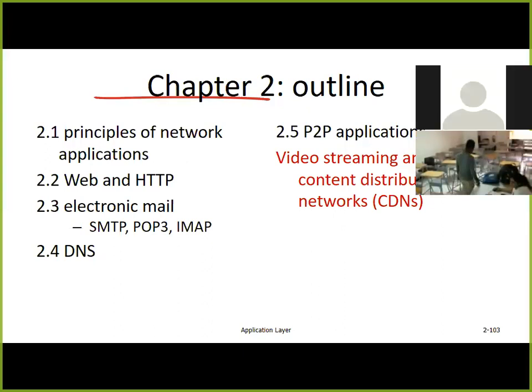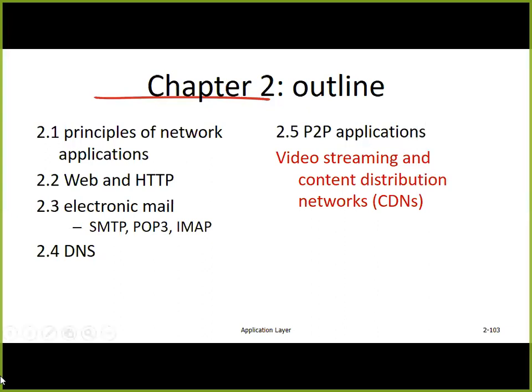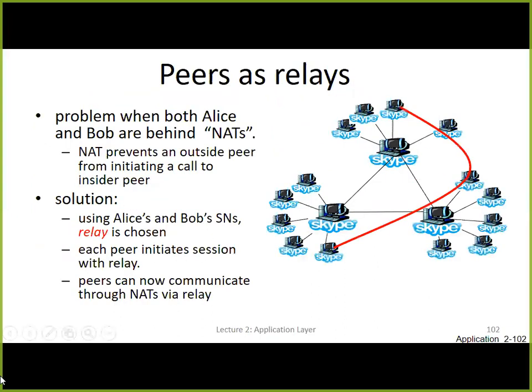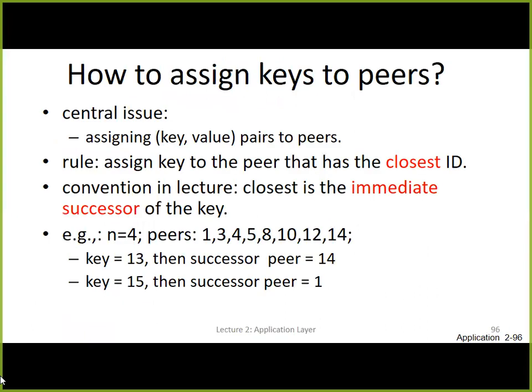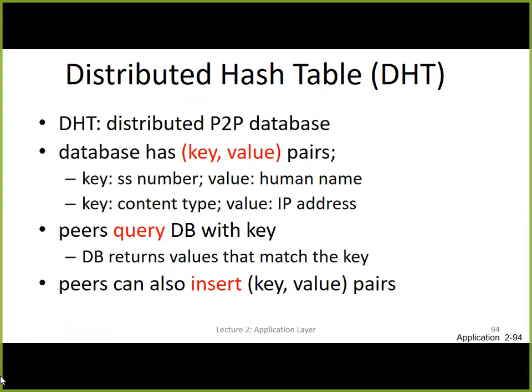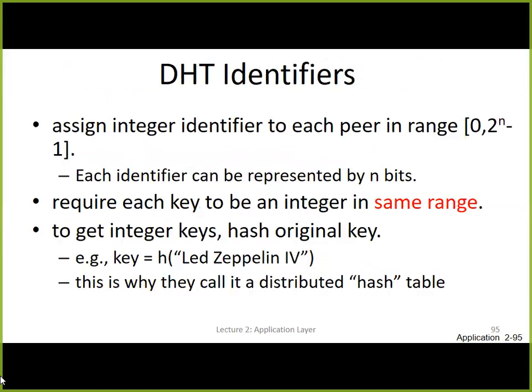Okay. Then we talked about distributed hash tables, right? And the fact that with the distributed hash table, you basically have these key-value pairs, okay? And peers will query the distributed hash table with the key, and peers can also insert keys.